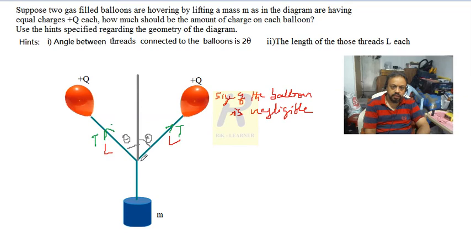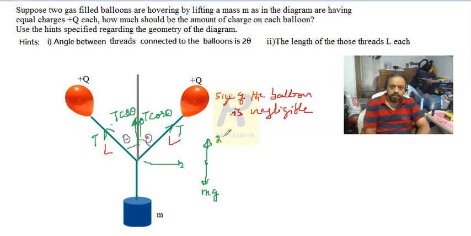That means at this knot, how can I write? This is the weight acting downward, which is mg, and upward it should be the component of this T and this T. So two forces act upward, the components of each tension, that is T cos theta on this side and T cos theta on this side.